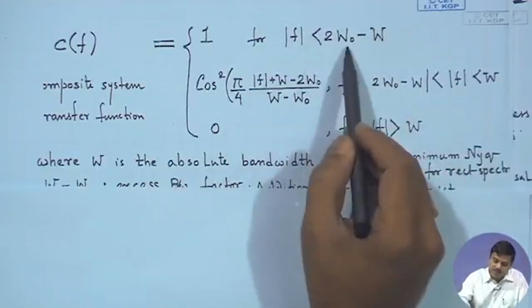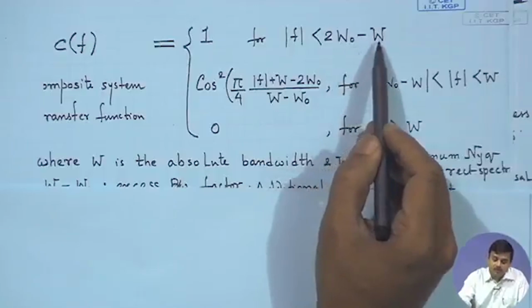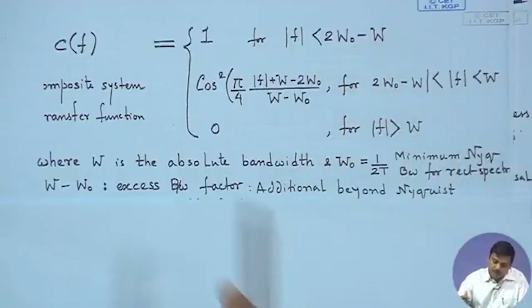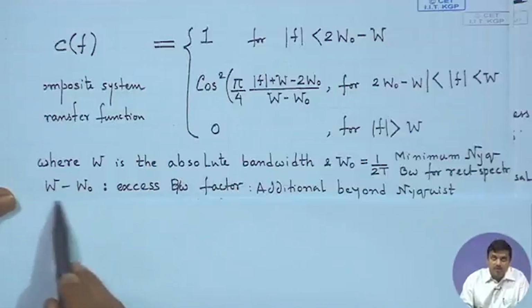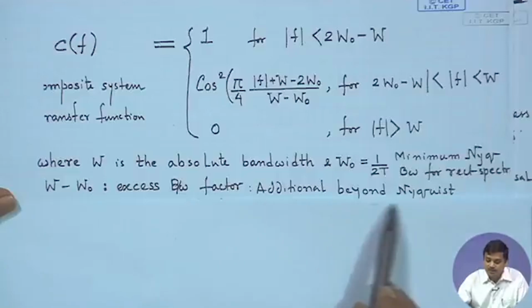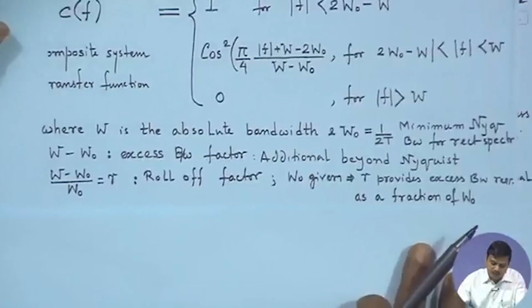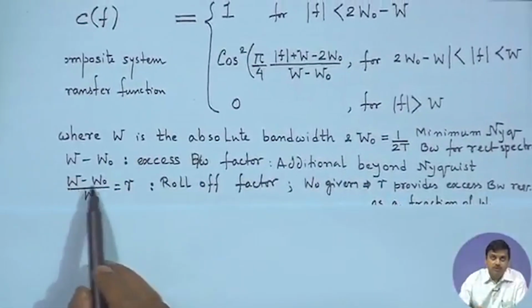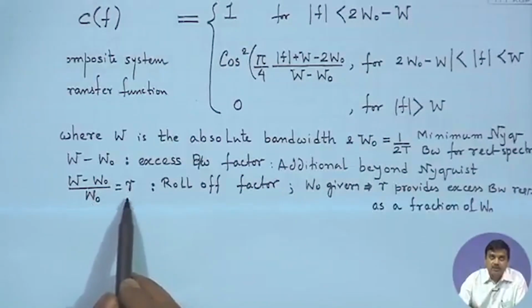So, in these expressions W0 to be used is 1 upon 2t and W is something which is given, and W minus W0, this particular value is the excess bandwidth, that is the additional beyond Nyquist, and the ratio (W minus W0) upon W0 is defined as the roll off factor.